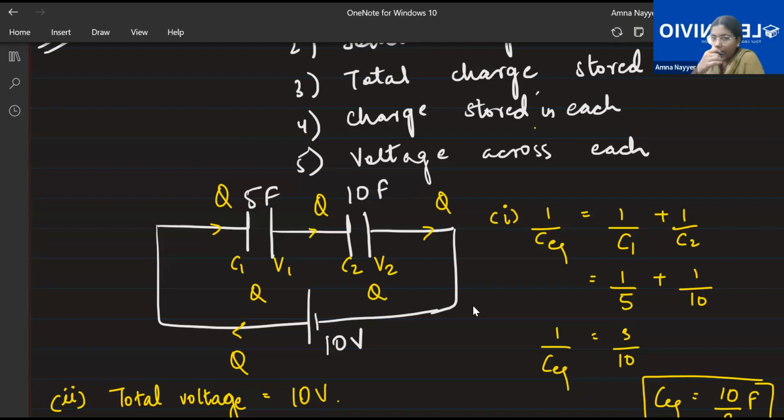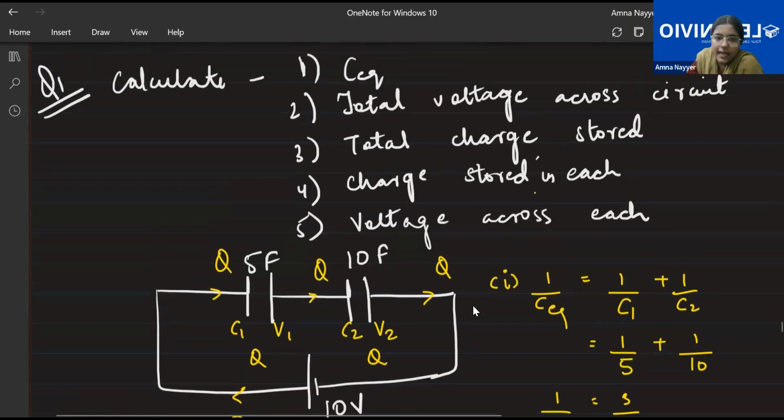You write it, then I'll introduce parallel combination and then we'll do mixed questions because you will not have such plain questions. Write it first.